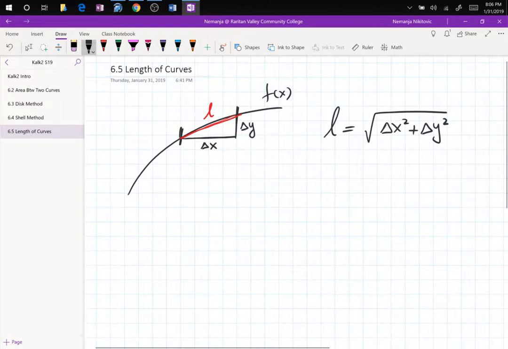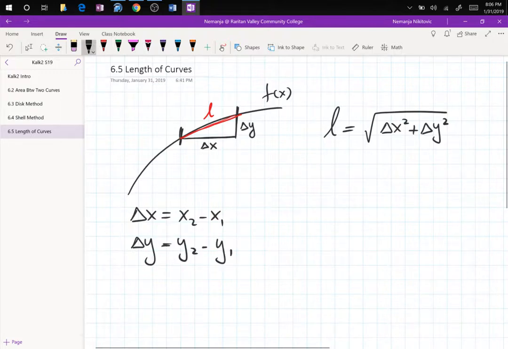Because, oh, by the way, if you don't know this, I'll just write on the side. Delta x is x2 minus x1, just the distance between the two. And delta y is y2 minus y1, the distance between the y's.